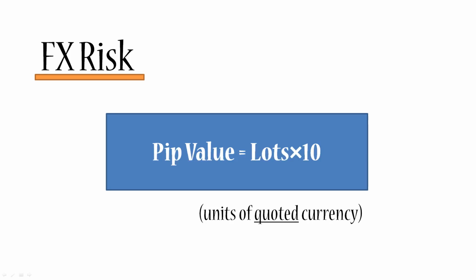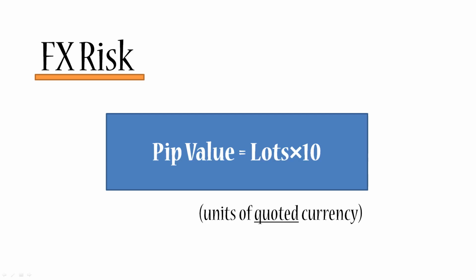And let's remember here, this is pip value, so not points but pips, and it's not going to change whether it's a 4-digit or 5-digit broker. It's always 0.0001.